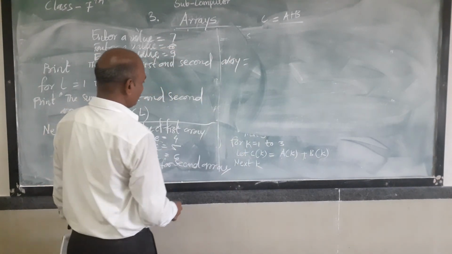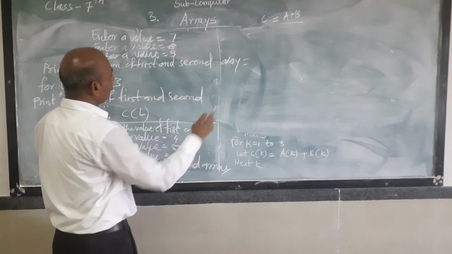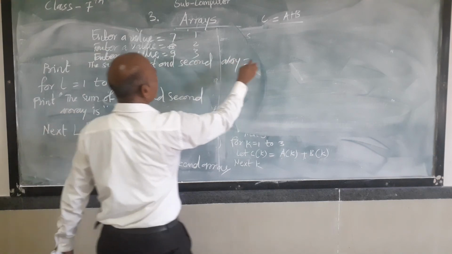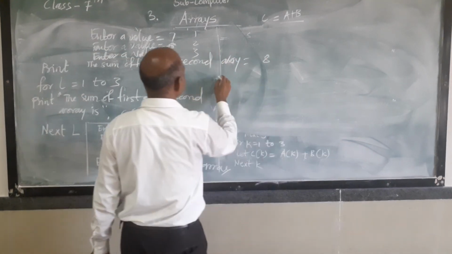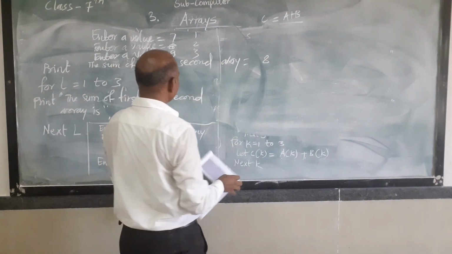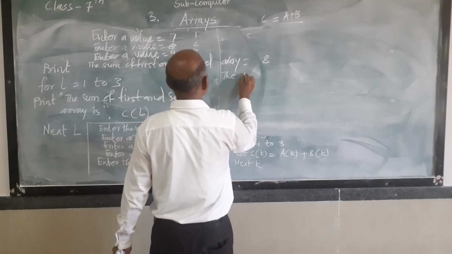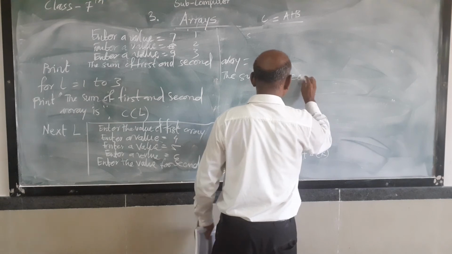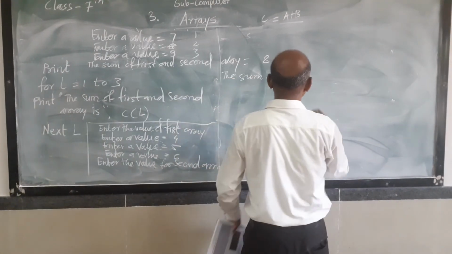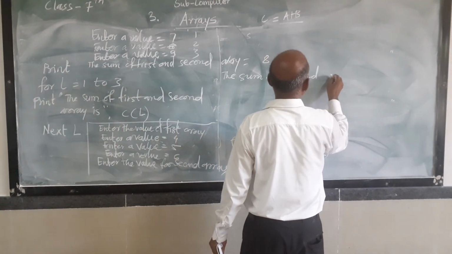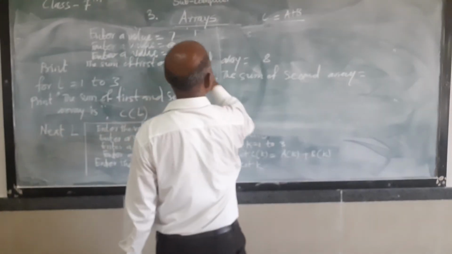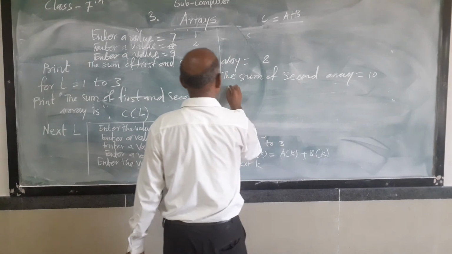What are the first and second arrays? 7 plus 1, 8. Then the sum of first and second array is equal to 8 plus 2, 10.